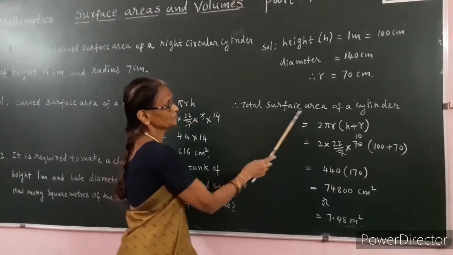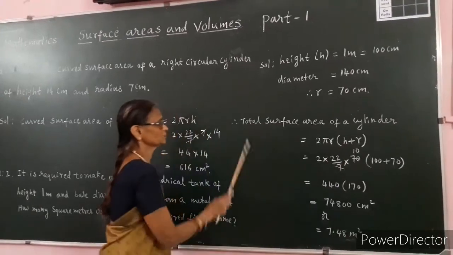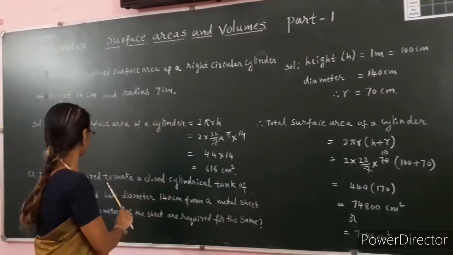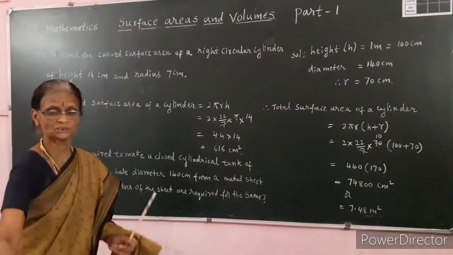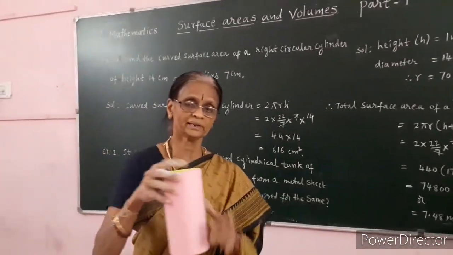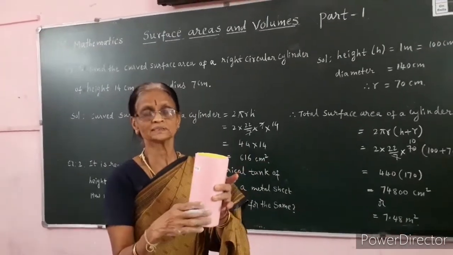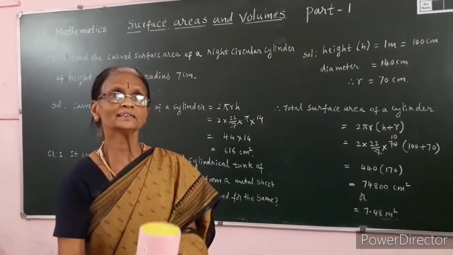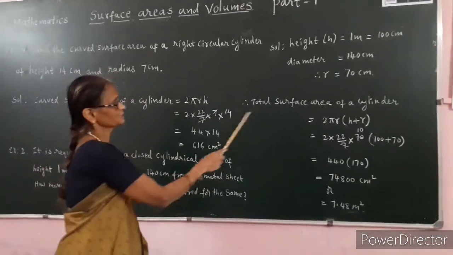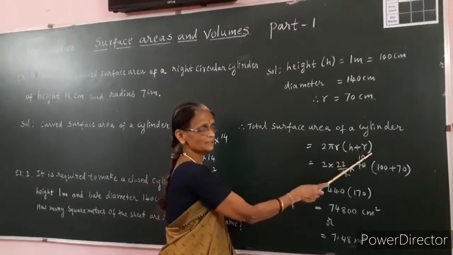Therefore, the total surface area of a cylinder. Why do we have to find the total surface area? Now, a closed cylindrical tank. Look here, the bottom and top are also closed. This we call a closed cylindrical vessel or any solid.